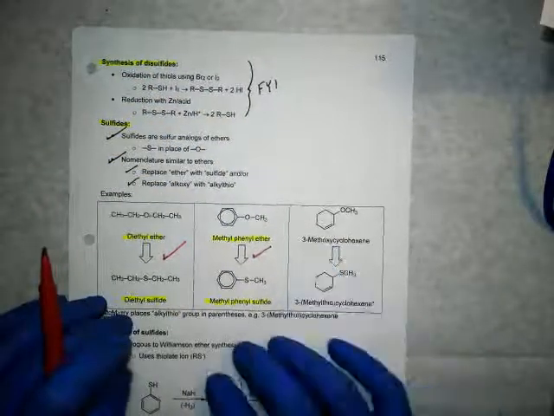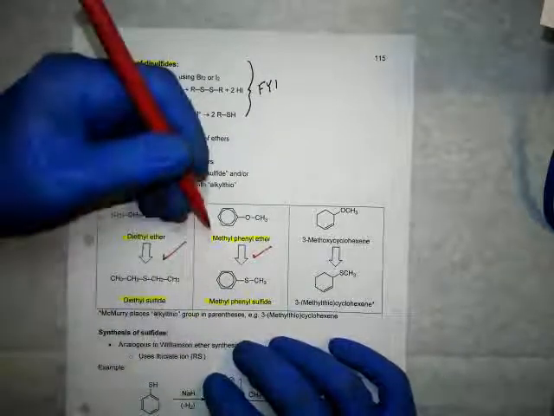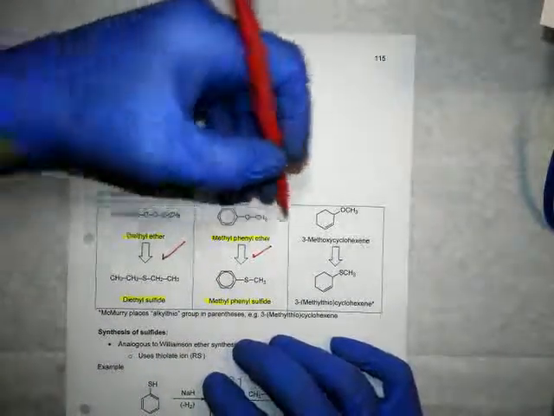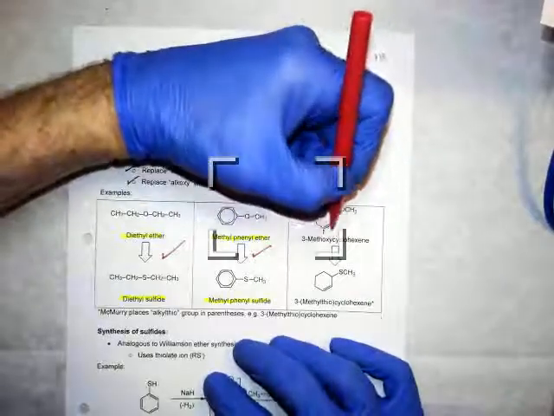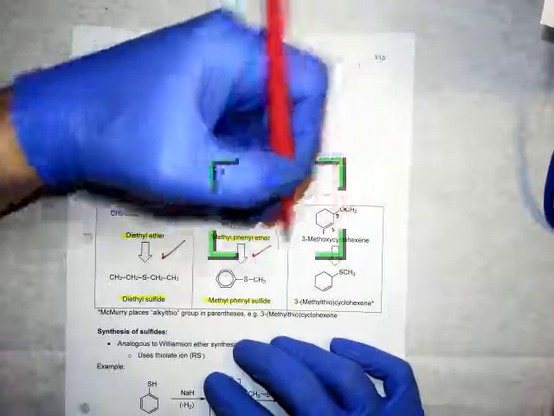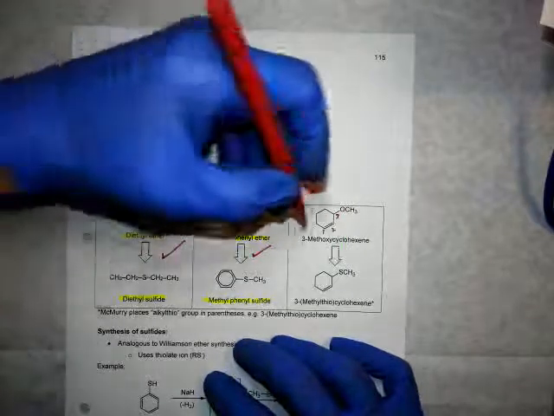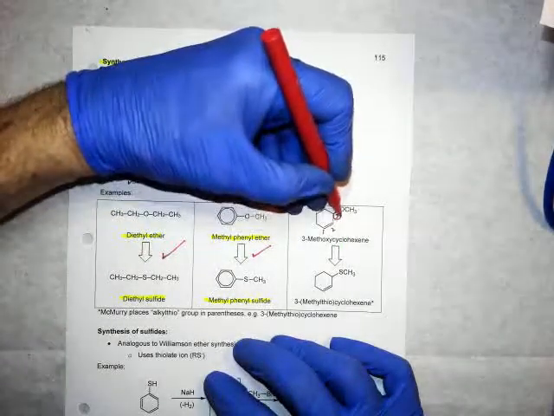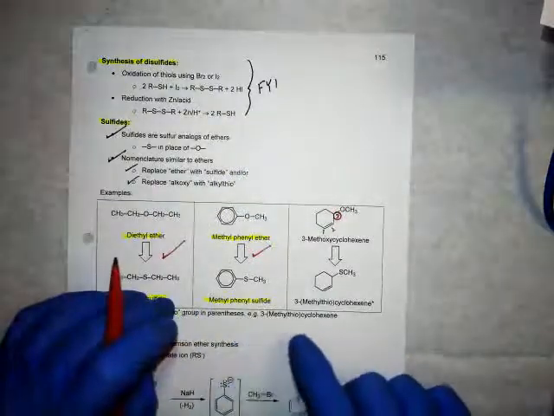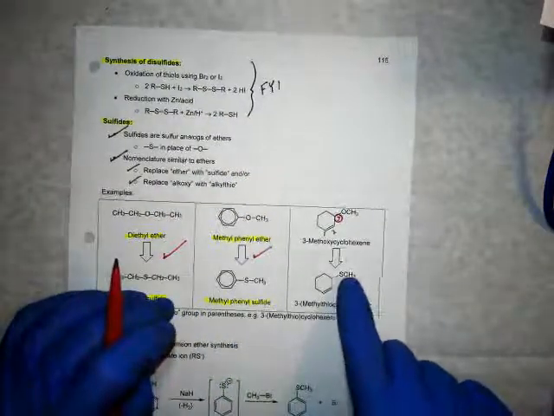Look at this one. This would be 3-methoxycyclohexene, and the reason it's 3-methoxy is because we would number it like that. We have to pass through the double bond, and we need to have that 3 in the name. Now, what is this group here?